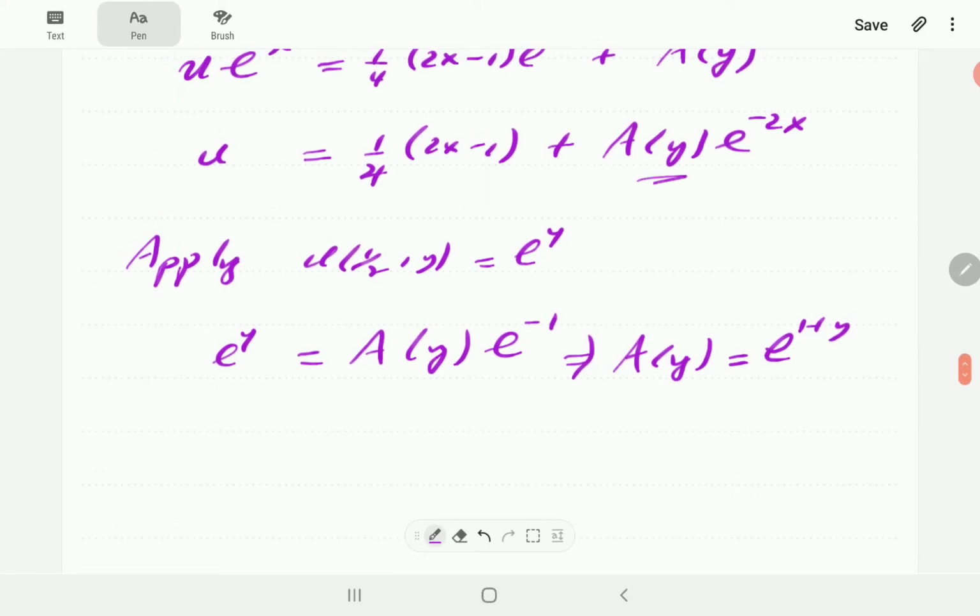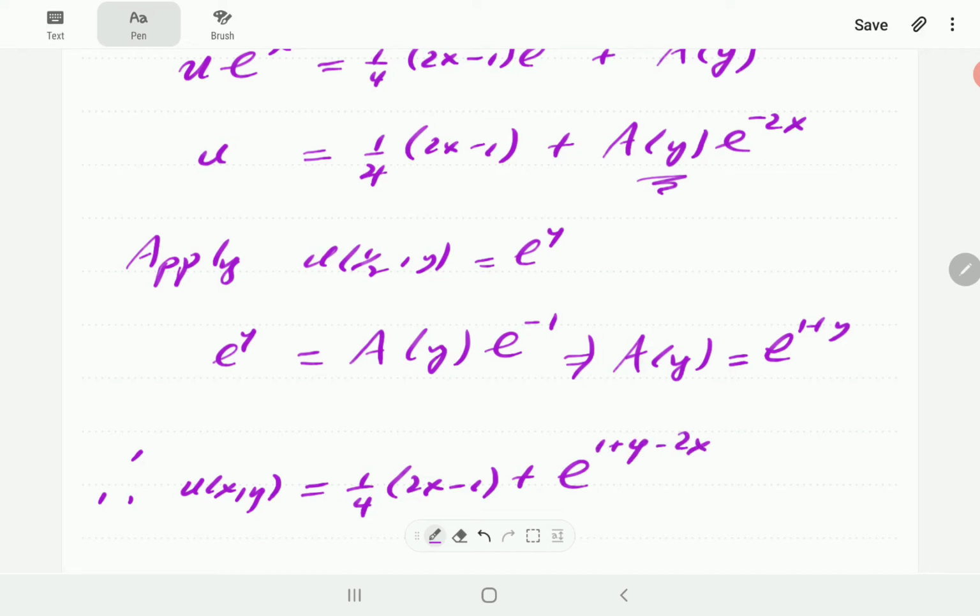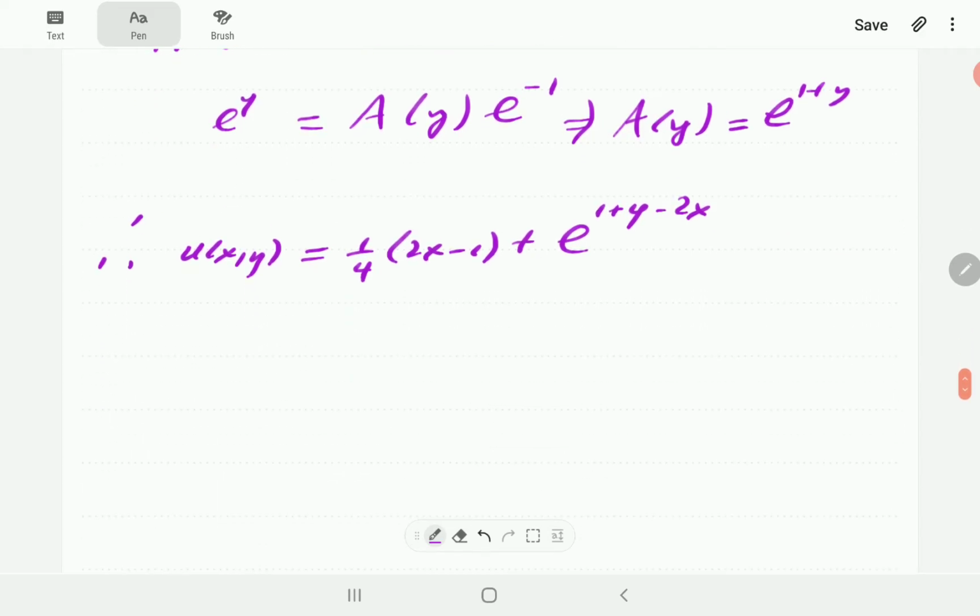And then if we plug this here, then we have our final solution. So u will be 1/4 (2x minus 1) plus e to the power 1 plus y minus 2x. So that is going to be our final solution.